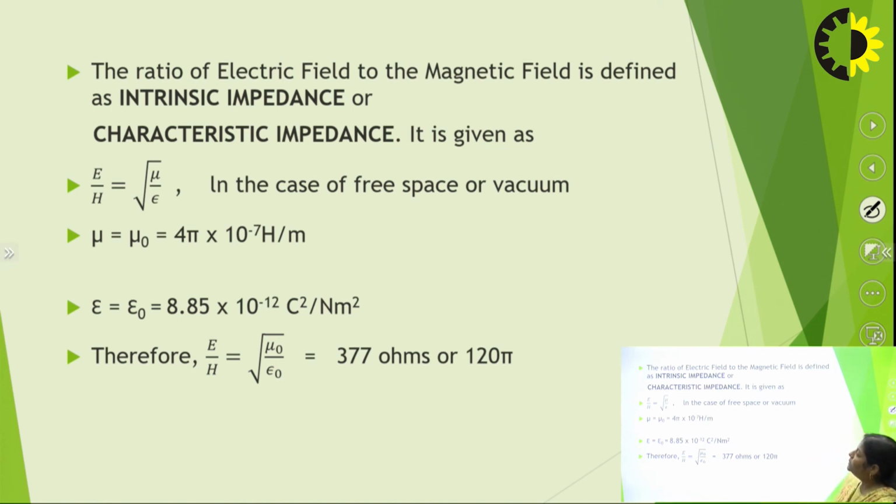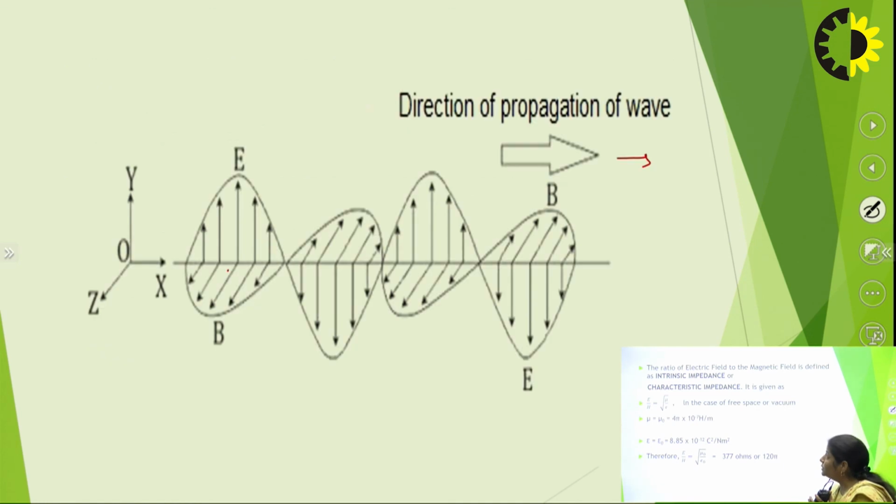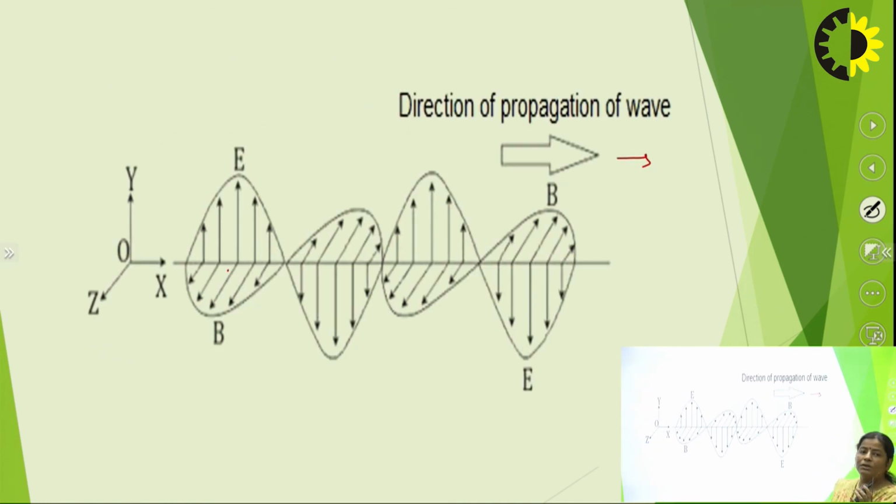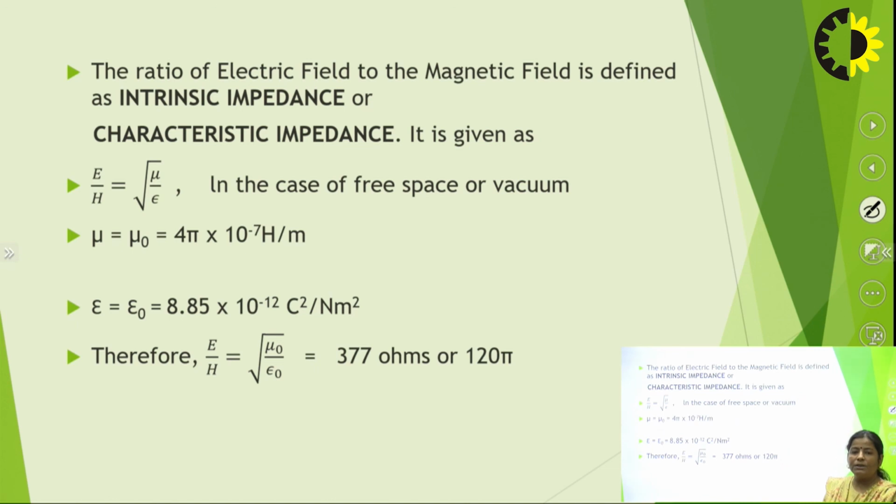After this discussion, after the transverse nature and the electromagnetic wave equation, we can move ahead to other properties of the electromagnetic wave. In free space, it is very important to mention what medium we are using, because we can have a conducting medium also.